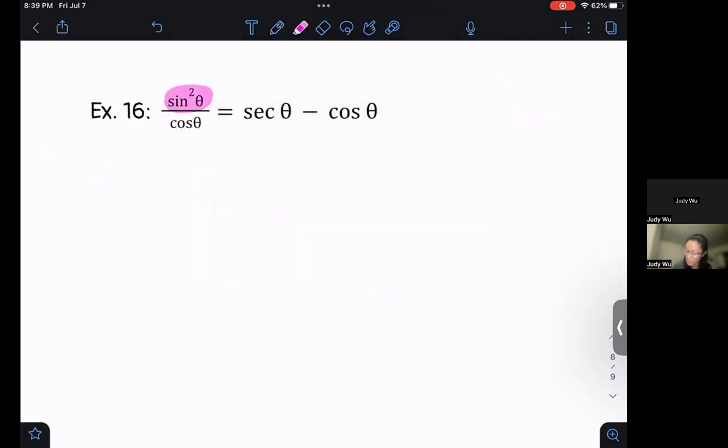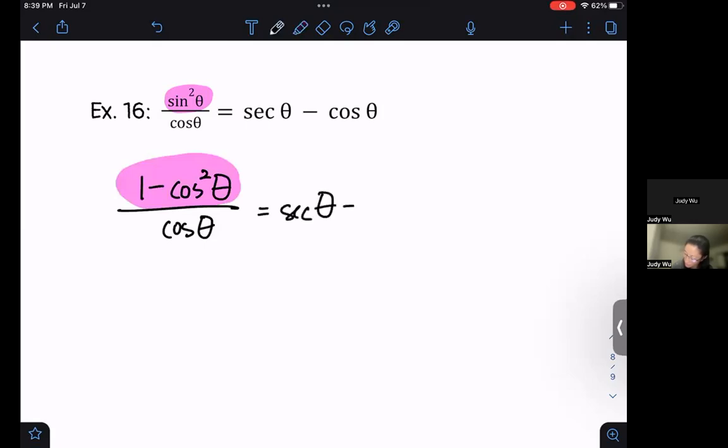And I notice that I have a sine squared in the top. And I can replace that with 1 minus cosine squared because of our Pythagorean identity. Okay, so I want to label this right here. This is our Pythagorean identity.